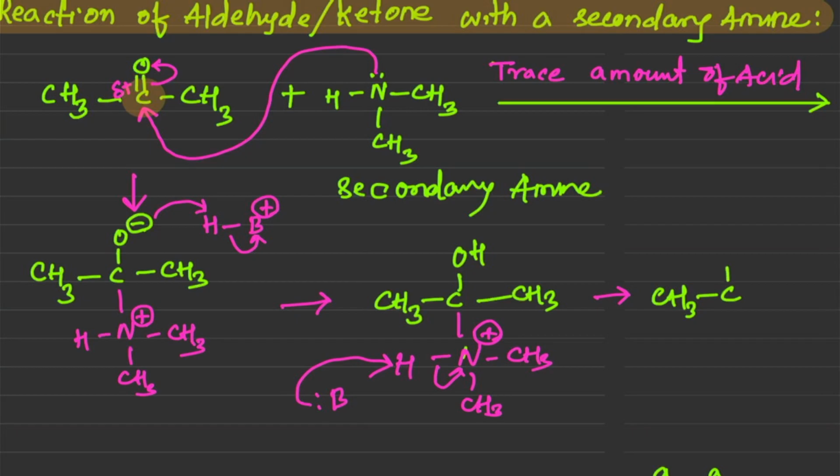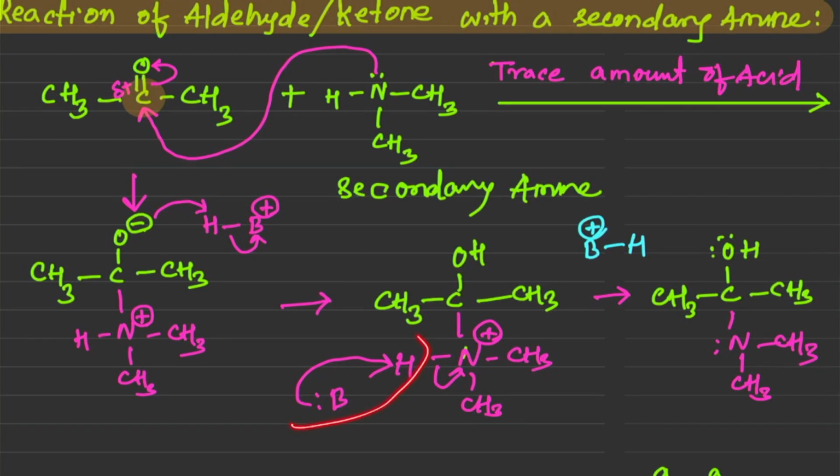As a result, we make CH3, C, OH, and we know that oxygen has two lone pairs, CH3 and NCH3. Now we have regenerated our HB plus as well. We have a slight amount of protons, so we regenerate this one.